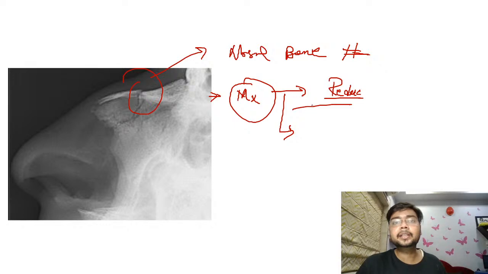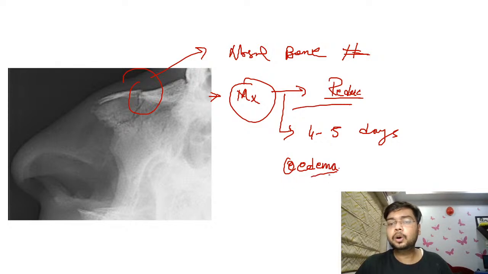But if he is presenting to you on the second day, third day, you usually try to postpone it 4 to 5 days so that the edema disappears. You do not want to operate on the patient when there is surrounding edema and vascularity. Why?